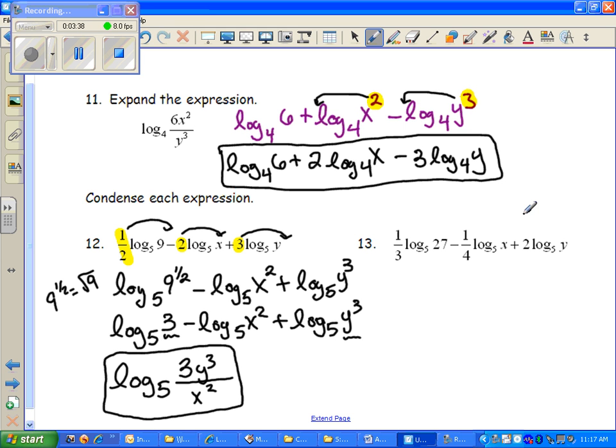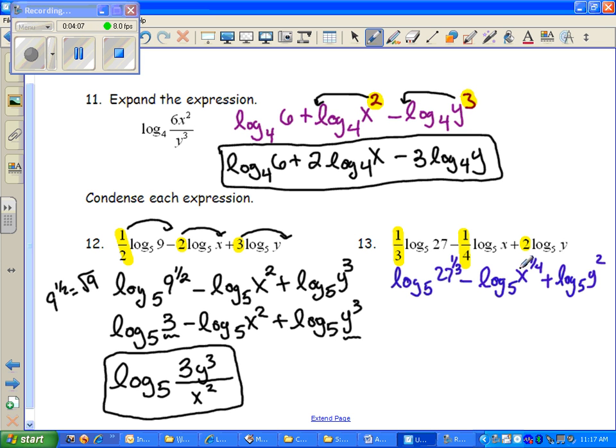For number 13, it's sort of the same type of process. I'm going to locate my exponents, and I'm going to move them over where they belong. So the log base 5 is 27 to the 1/3 power. There, that piece. And then minus log base 5 x to the 1/4 power plus log base 5 of y squared.